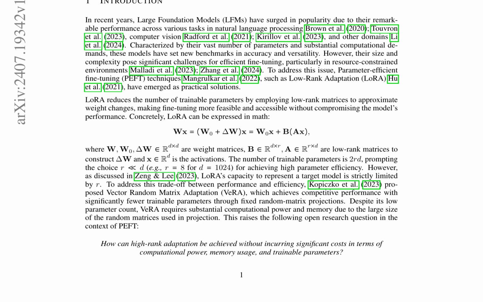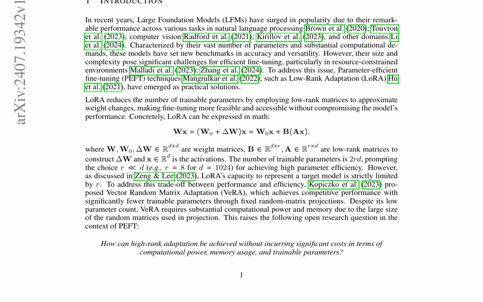Despite its low parameter count, VeRA requires substantial computational power and memory due to the large size of the random matrices used in projection. The authors of this paper propose circular convolution adaptation, C3A, which not only achieves high-rank adaptation with enhanced performance but also excels in both computational power and memory utilization.